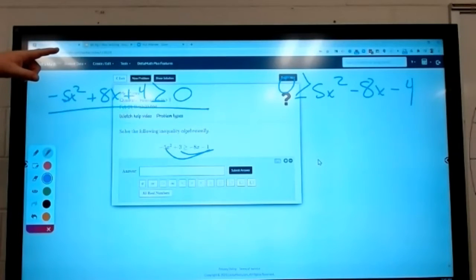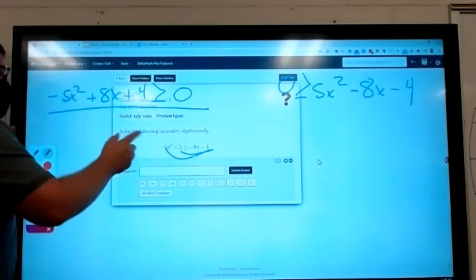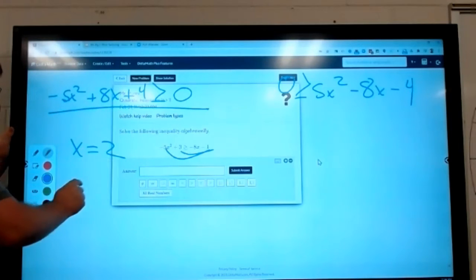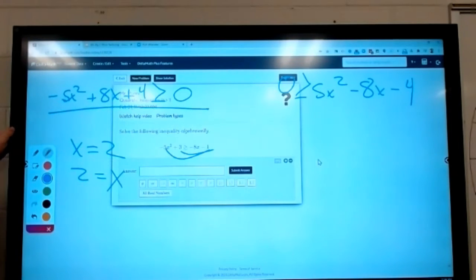This one, why? The 5 is possible. 5's positive. Does it matter? Makes no difference whatsoever, does it? So it's a matter of, do you like your answer like this or like that, correct? It's the same basic principle.